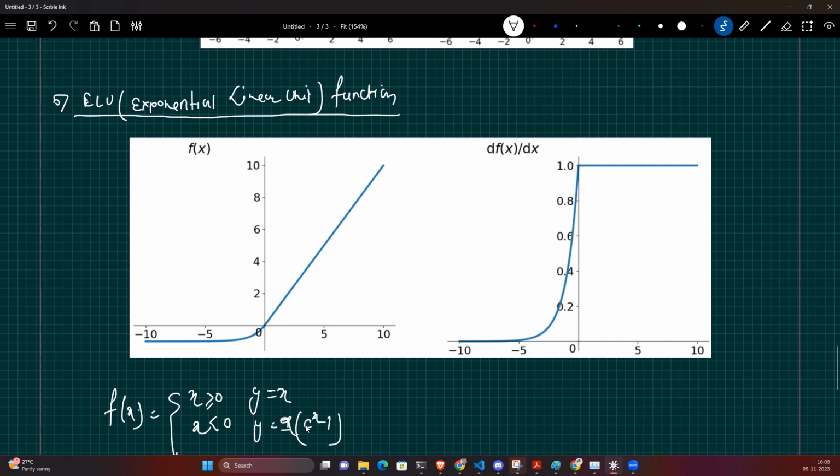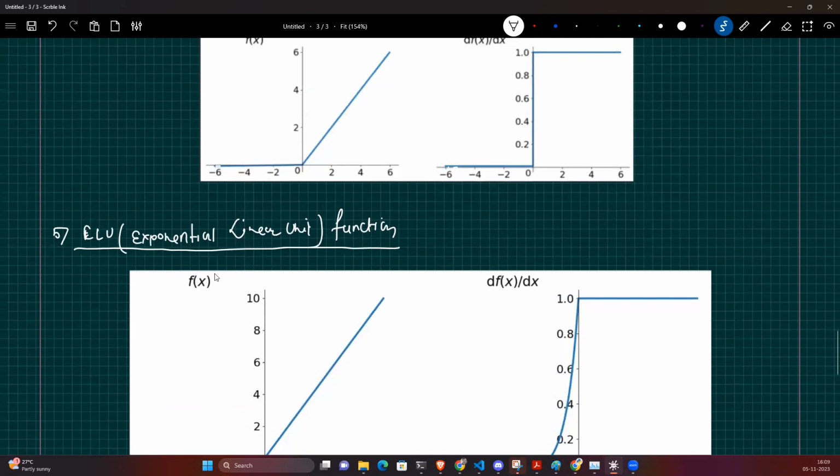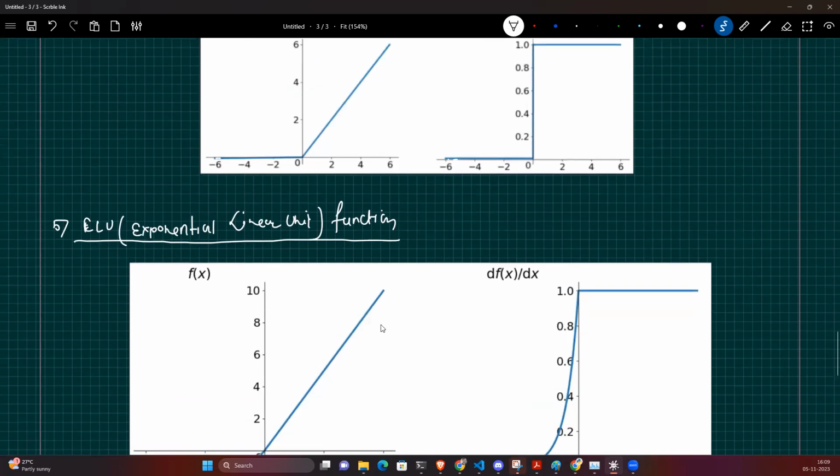And the x is fixed, the 1 is fixed. So the y value is not a hard-coded thing. Did you understand how the leaky ReLU problem got solved with the exponential linear unit?